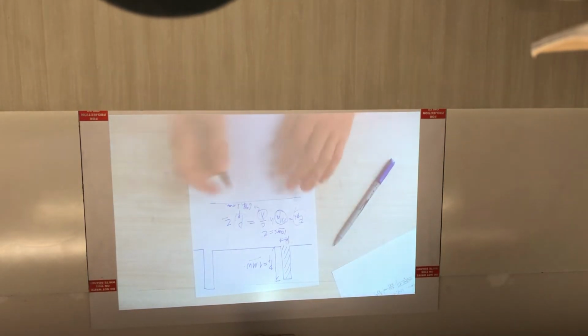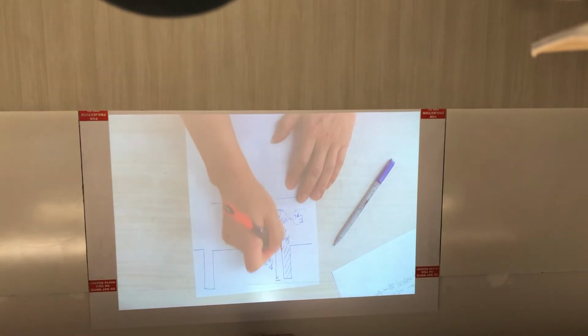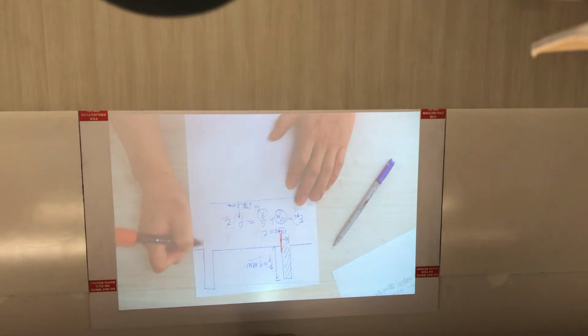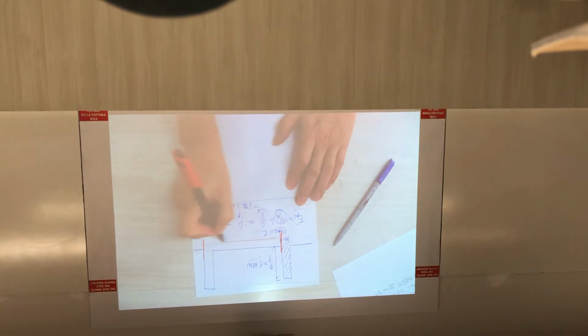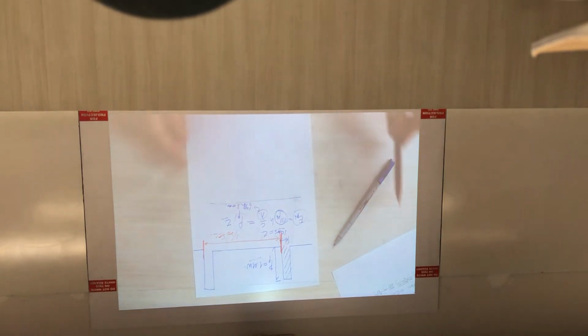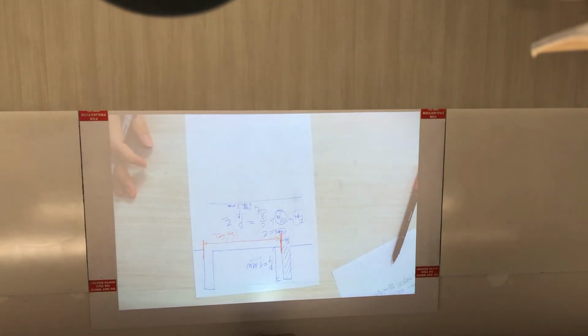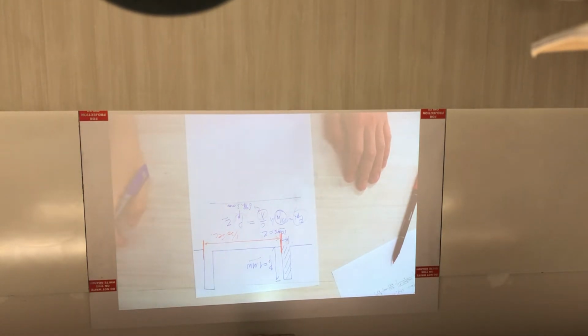So I can set this repetition, 20 hertz, therefore 1 over 20 seconds. Every 1 over 20 seconds, we have this pulse. Then we want to find this average power.